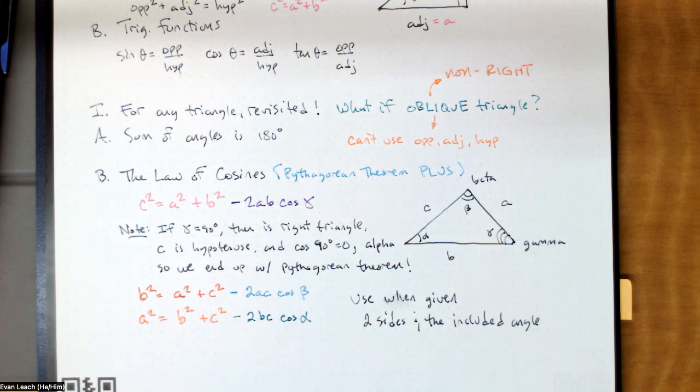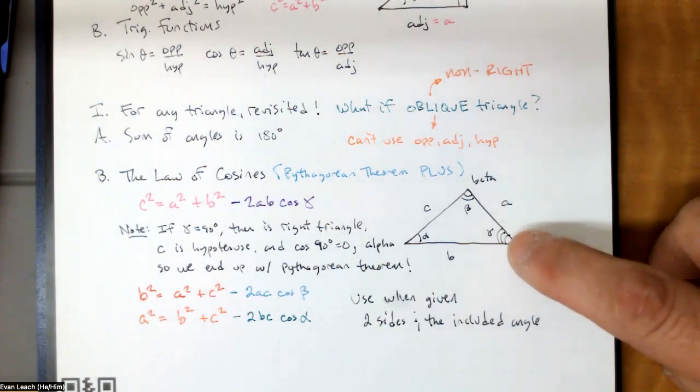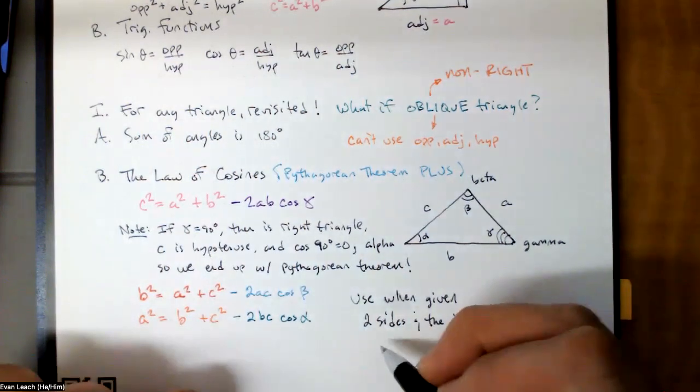That means the two sides that make up that angle. So that would be like, if we're given A and B, we also have gamma. That's this case, A, B, and gamma.